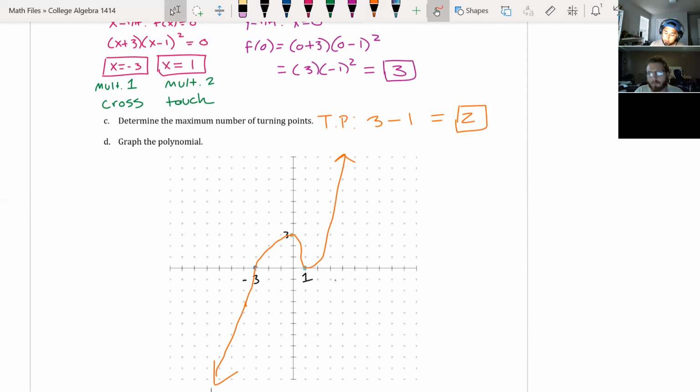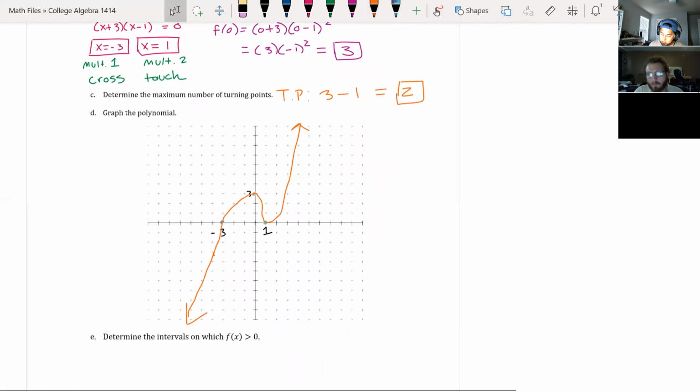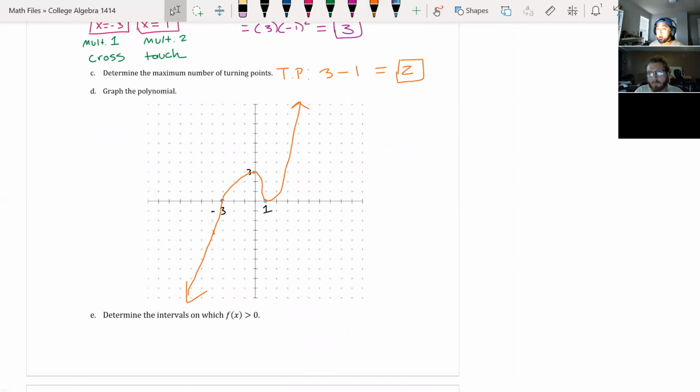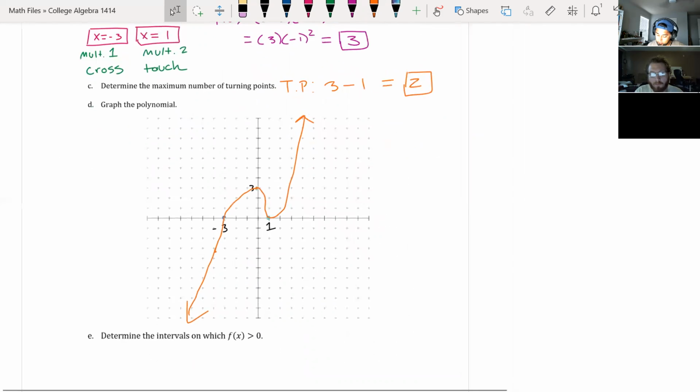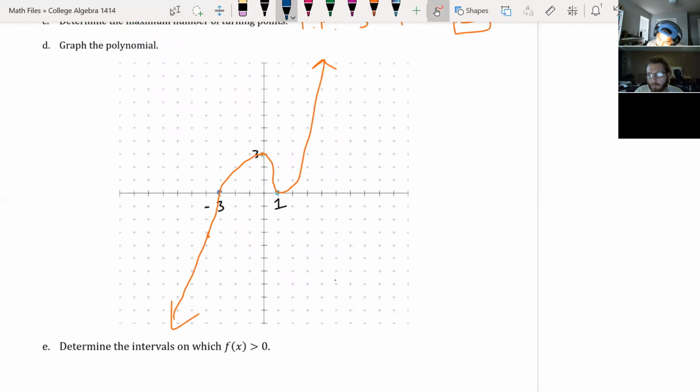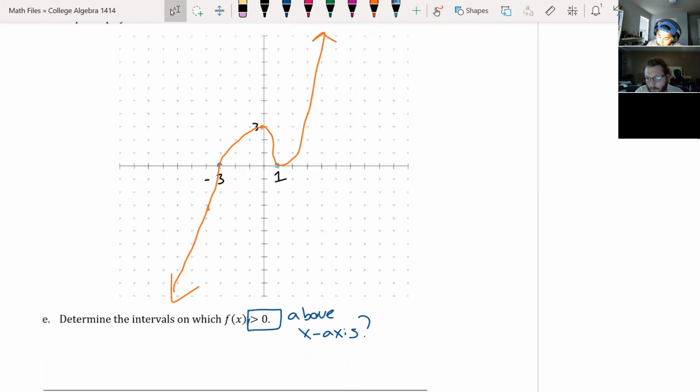Okay. And now, all of this to determine where are we above the x-axis. So let me zoom in a bit. So remember that this question asks, where are we above the x-axis? And we only state x intervals. So what interval are we above the x-axis on? Reading it from left to right, where do we start? -3.